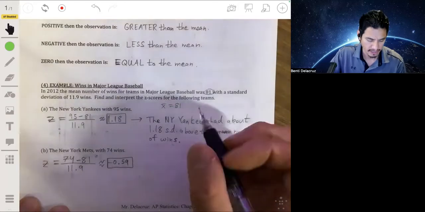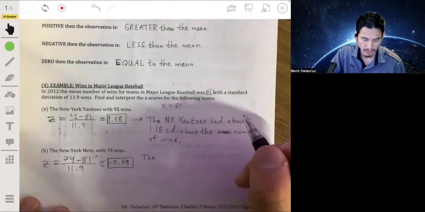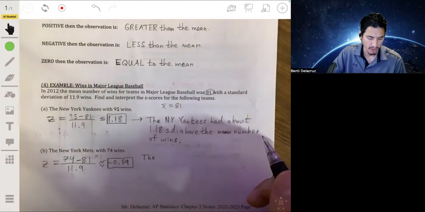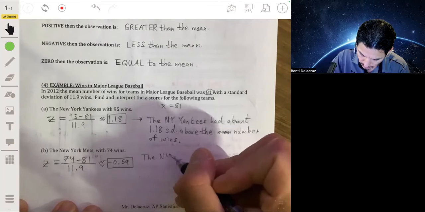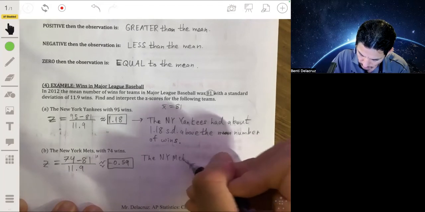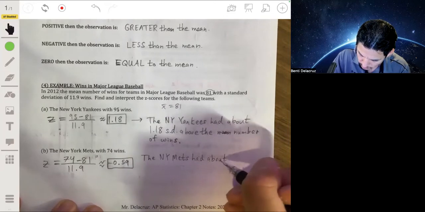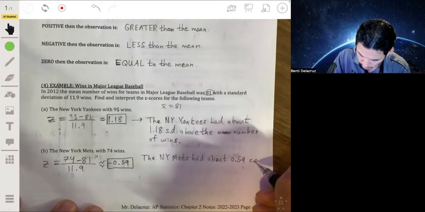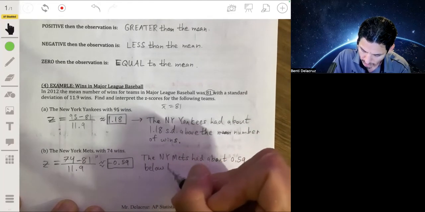So we say that the New York Mets had about 0.59 standard deviations of wins below the mean amount of wins.